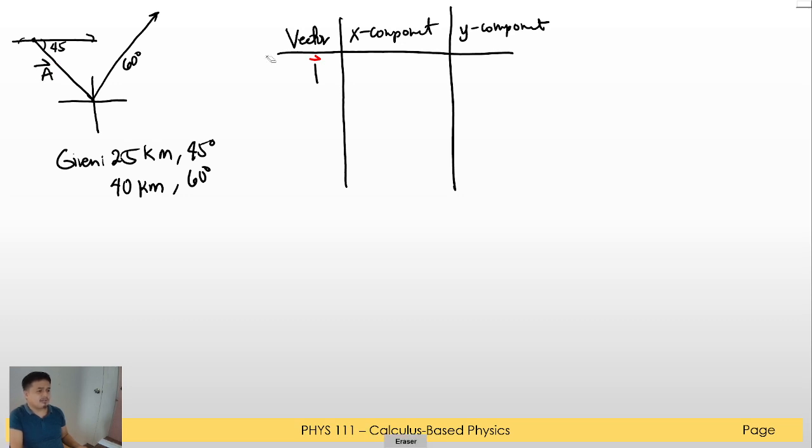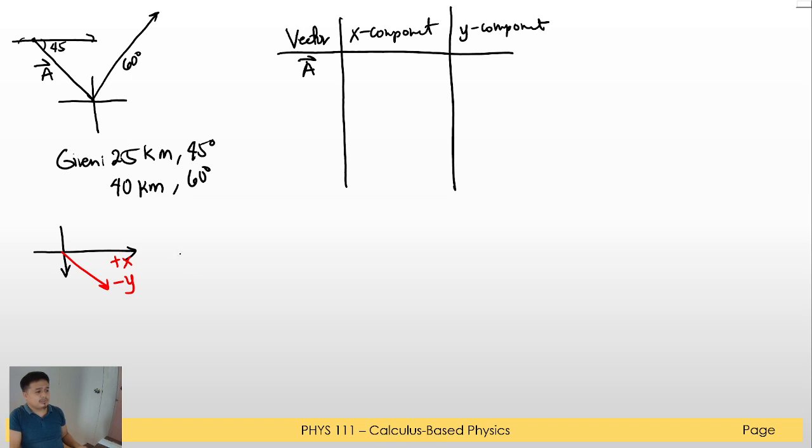So vector A has a component of what? Since this is in quadrant 4, positive x, negative y, right? Since positive is towards the right, negative downwards.